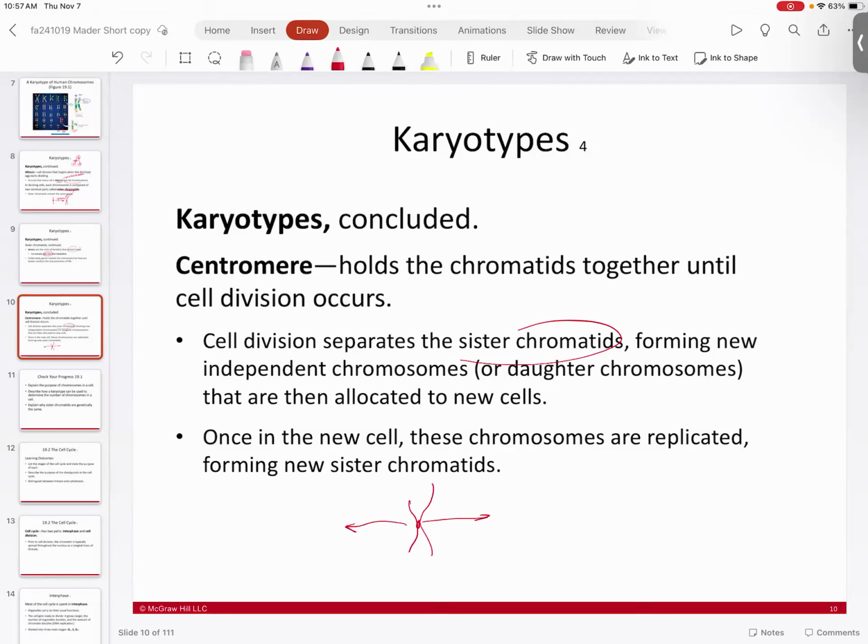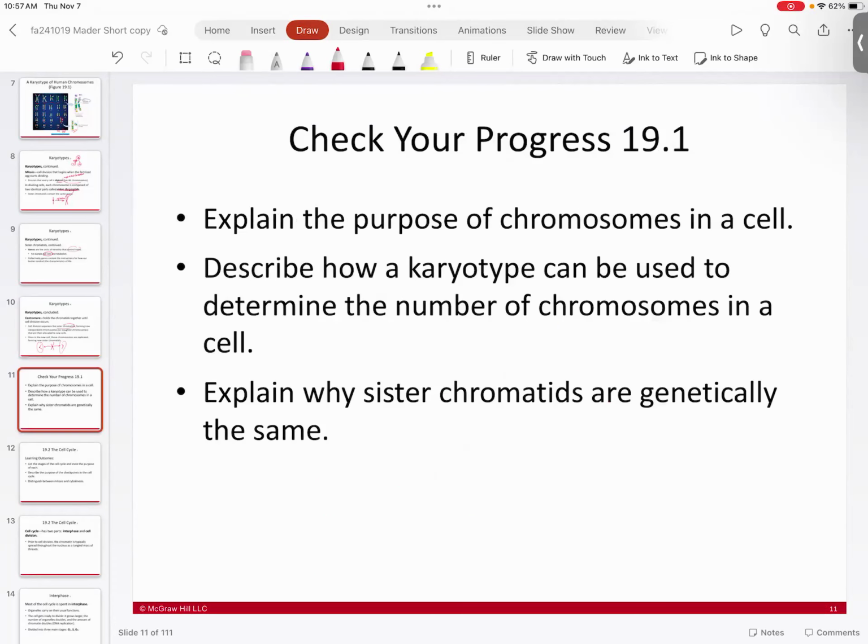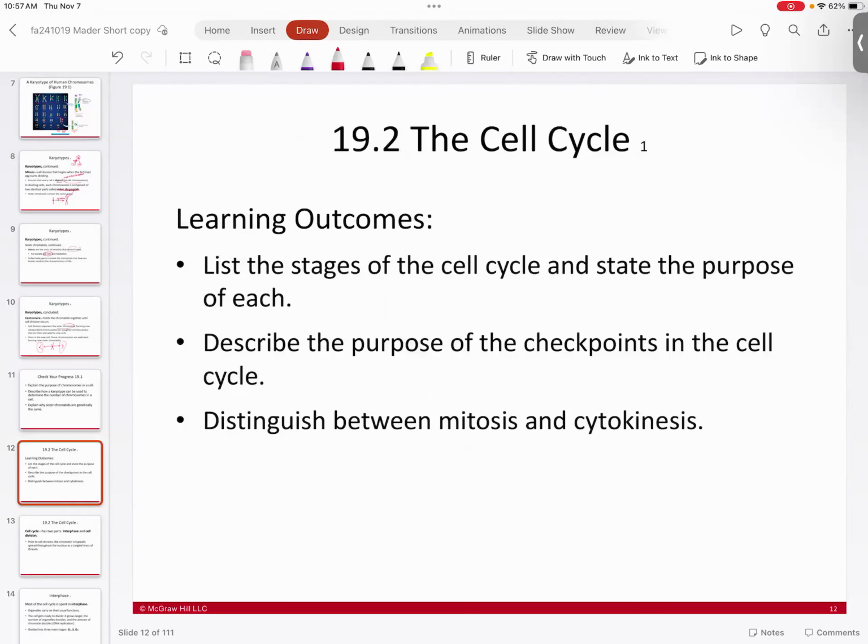This set of sisters will move to one side, and this set will move to the other side. And they'll become the new chromosomes of that cell. So here you have two identical cells. And now, once they're in there, they can function as fully functional chromosomes.